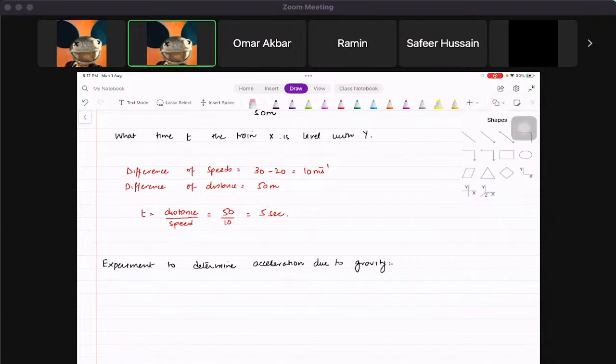Okay, for this one, just a second, let me just copy a diagram that we got to use.